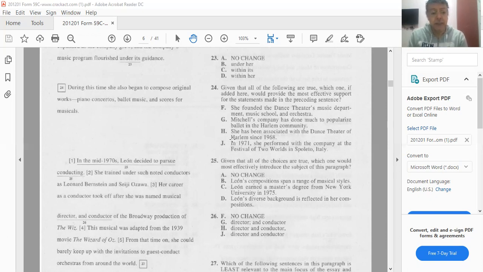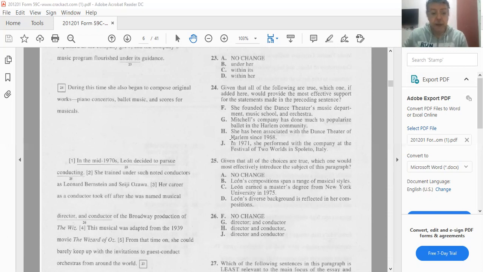If we read the sentence without any punctuation, it would sound like her career as a conductor took off after she was named musical director and conductor of the Broadway production of The Wiz. Sounds perfect. We don't need any punctuation. Remember, as we said before, if you have choices with punctuation and one choice with no punctuation and it sounds correct, then it is the correct answer. So here, J is the best answer.